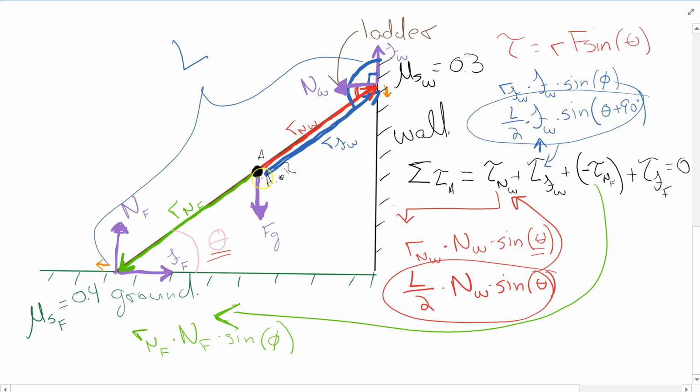And I can see really quickly, again, if my lever arm goes from the center of my ladder to the end of my ladder, that's going to end up being magnitude L over 2 times the magnitude NF times sine of, now we got to pick our angle again, and this time it's going to be this angle right here.